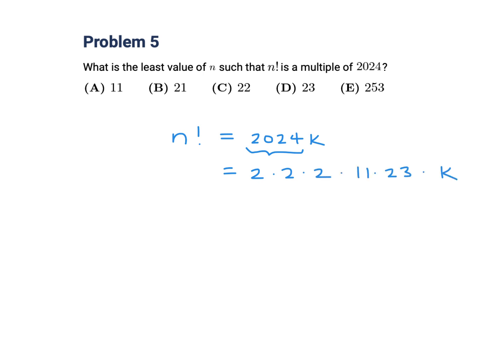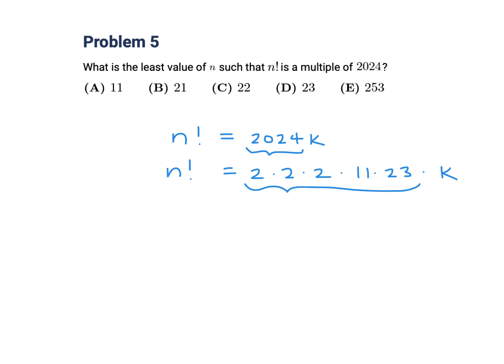And then we get that k. So that's n factorial, and we have to figure out the smallest value of n. Well, n factorial would have to have at least these factors in it, correct?